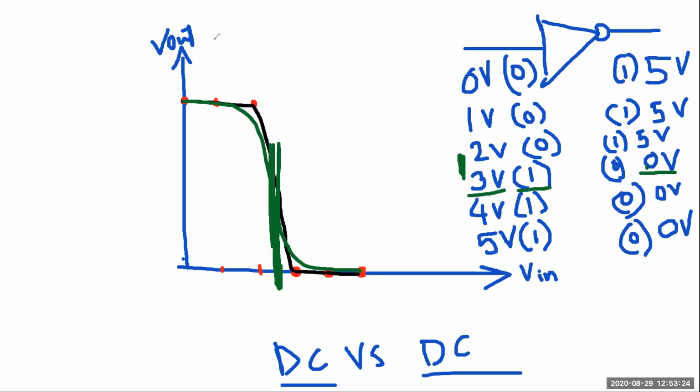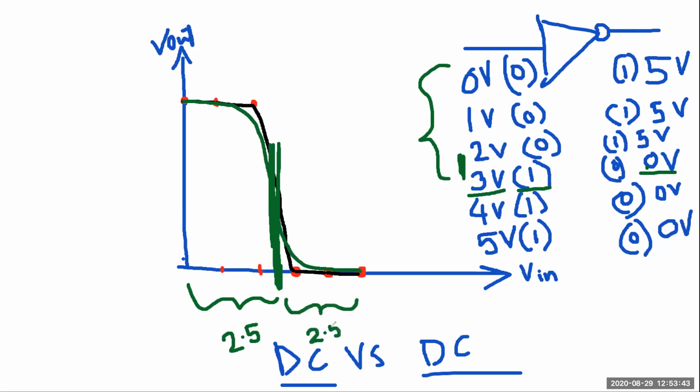Understood? Okay, why did I mention this is the best solution? Because this maximizes the noise margin. What is the noise margin here? How much is your noise margin? 2.5 volt in the low side, 2.5 volt in the high side. That means a noise can come and change up to 2.5 volt. 2.5 volt is the flexibility.